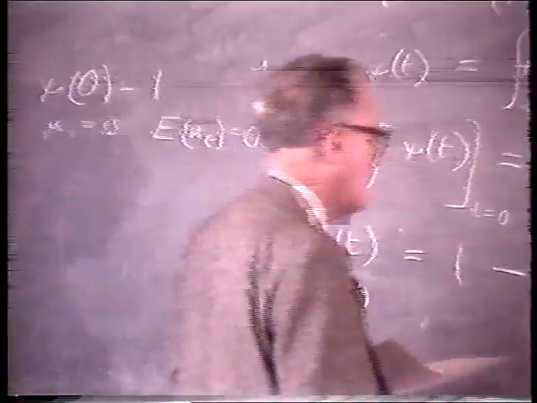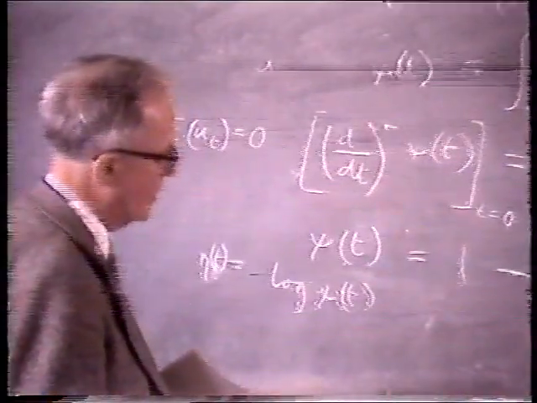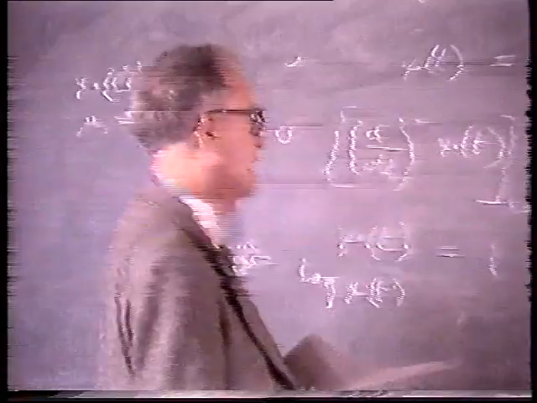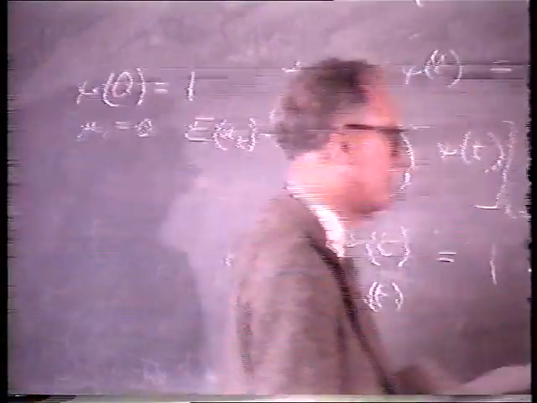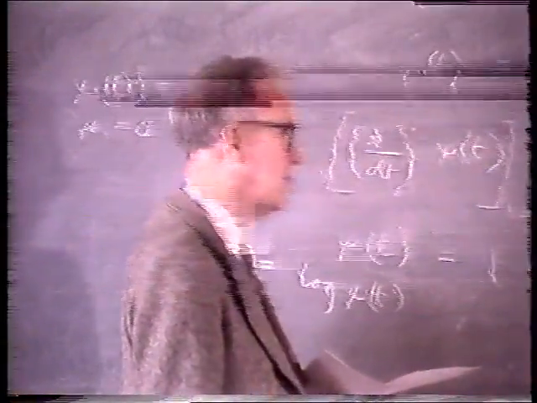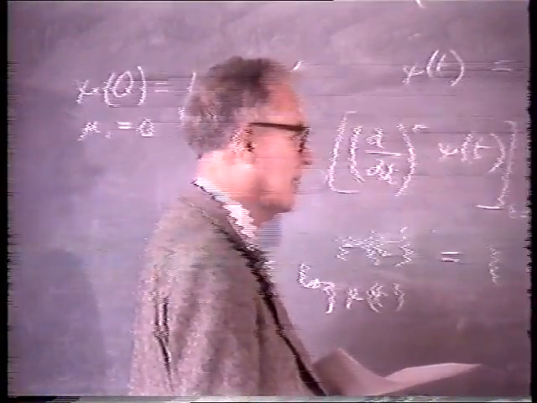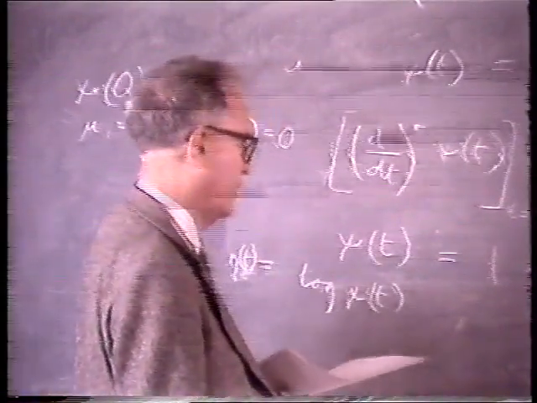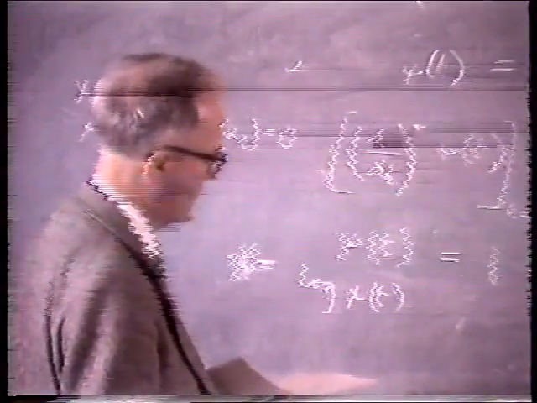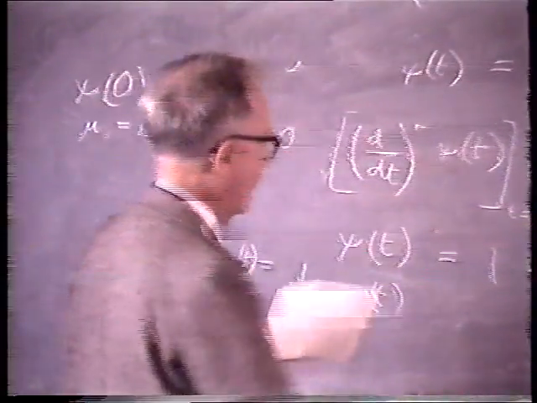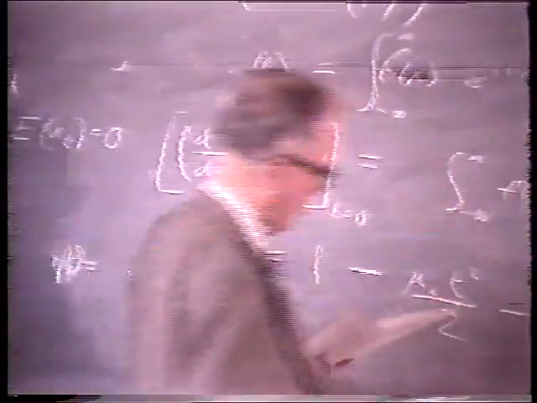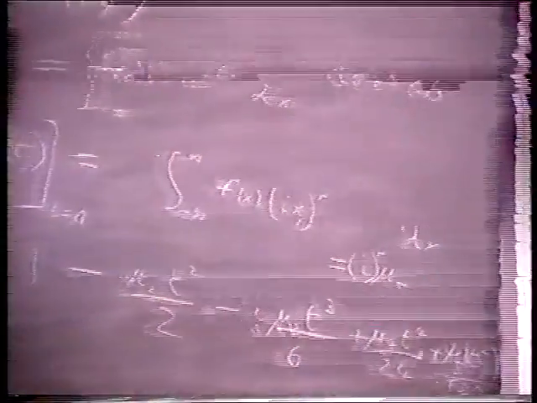The corresponding terms in that Taylor series expansion about the origin are called the cumulants. I could write down the Taylor series expansion simply with a kappa 2, a kappa 3, a kappa 4, and each of these would be a corresponding cumulant.